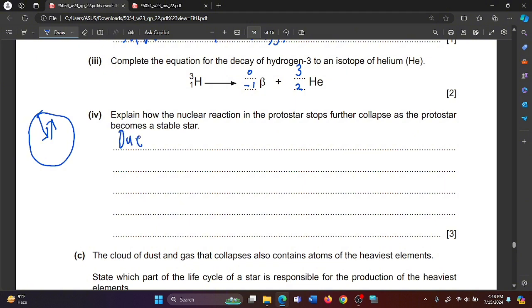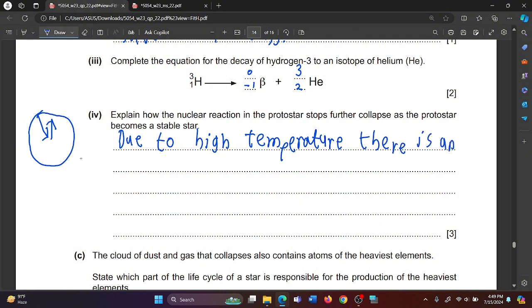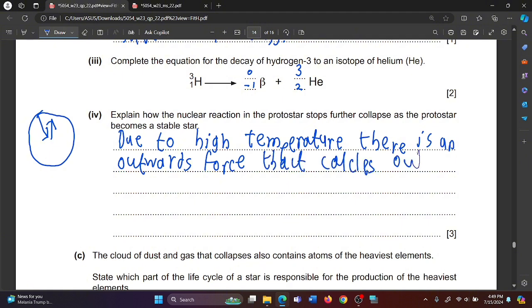Due to high temperature, there is an outward force that cancels out the gravitational force.